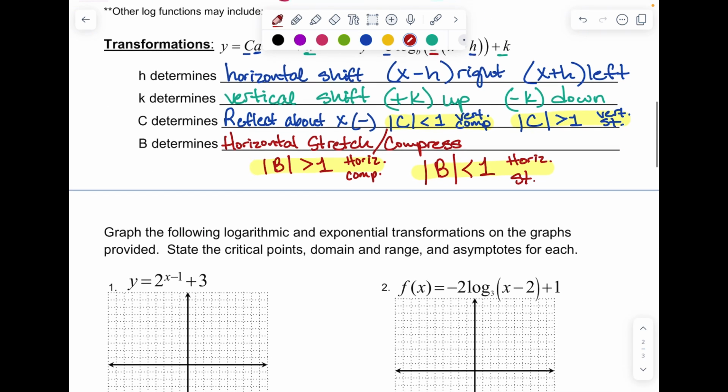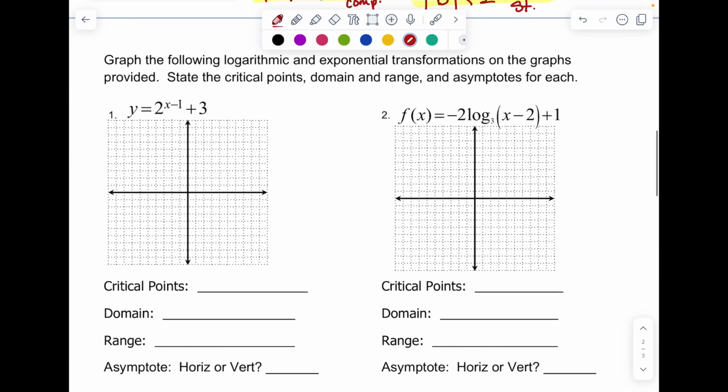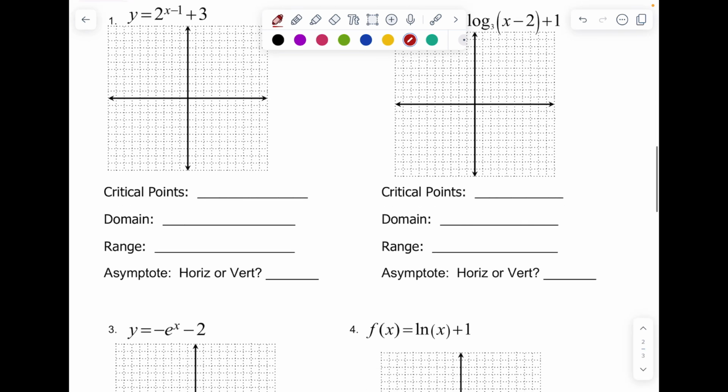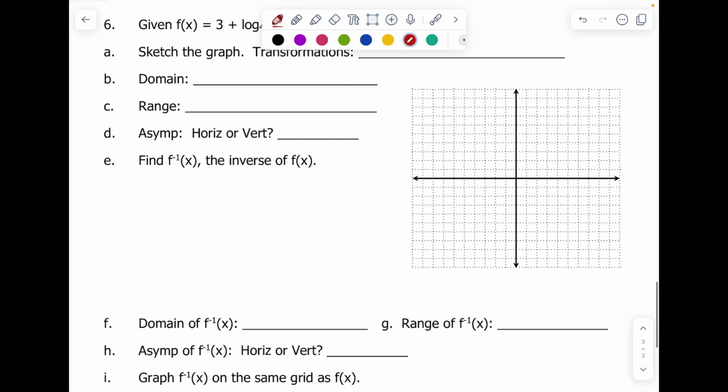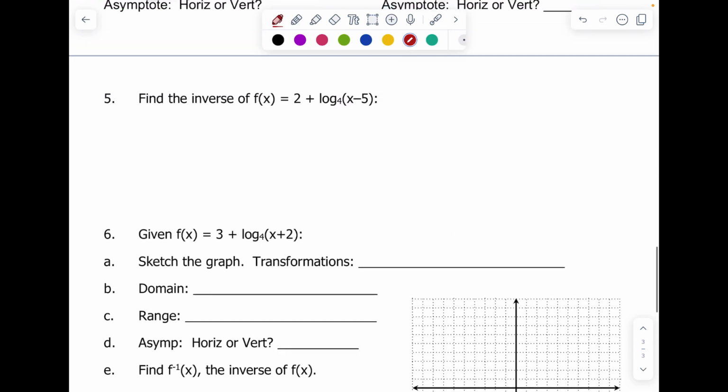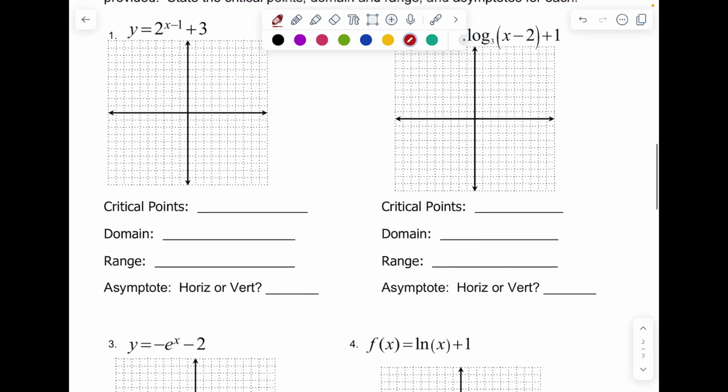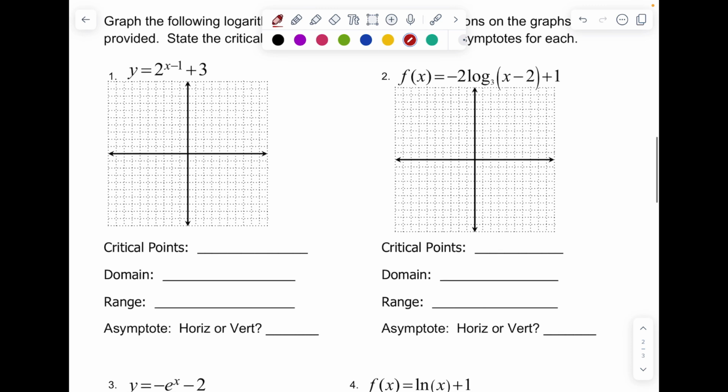For the following examples, I'm going to do just a couple of them to save some time, and then I'm going to jump to 6 because I want to make sure that we get 6 done. Let me make sure it's still number 6 on these notes. Yeah, 5 and 6. All right, so let's look at 1.